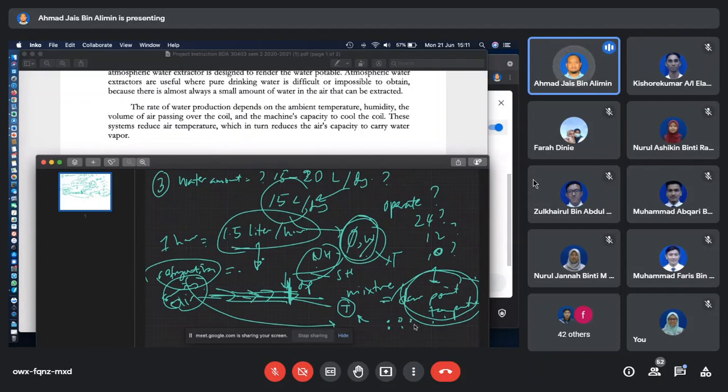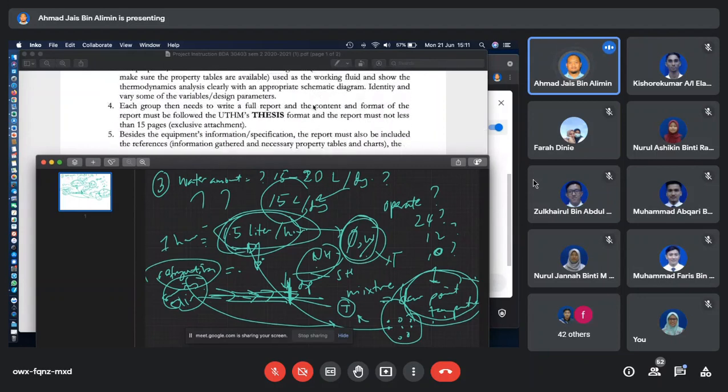The moisture will start to appear on the cool surface, and then you need to collect this, but the amount must be 1.5 liter per hour. So what will be the size? What will be the flow rate? What will be the dimension? Those are the tasks that you need to complete.